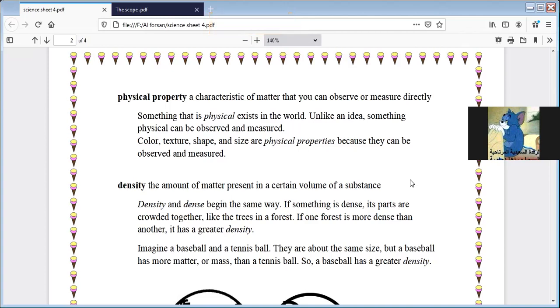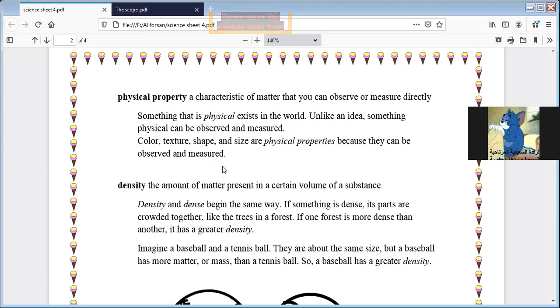Its texture is smooth. What is the geometrical shape of your computer? Is it a square, a rectangle, triangle, circle, oval? Square.